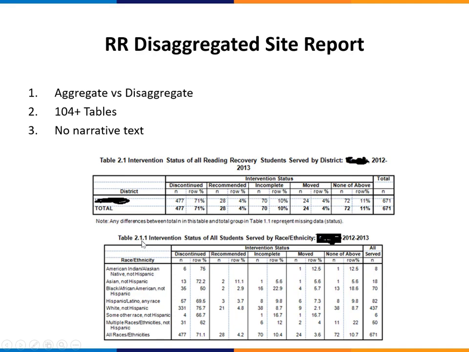Below it is a disaggregated version of that table, table 2.1.1, and this is showing intervention statuses by race ethnicity. So in this case, it has broken your data down by race ethnicity instead of reporting it for the whole site. These kids are from your entire site, but it's breaking it down by race ethnicity.